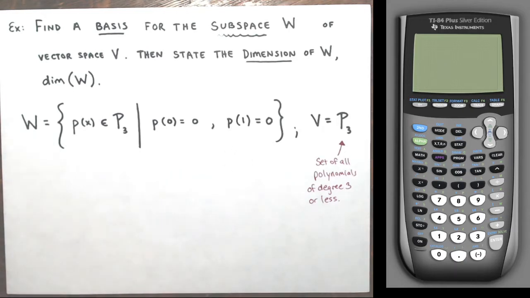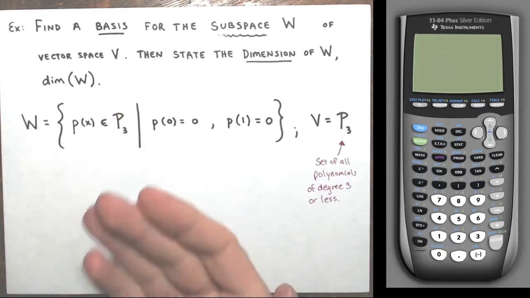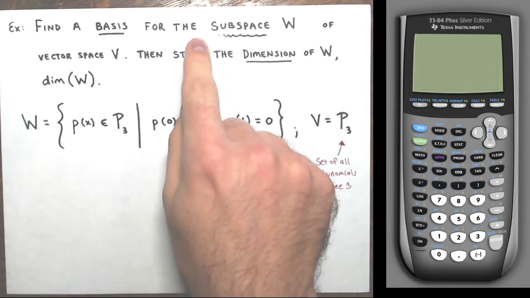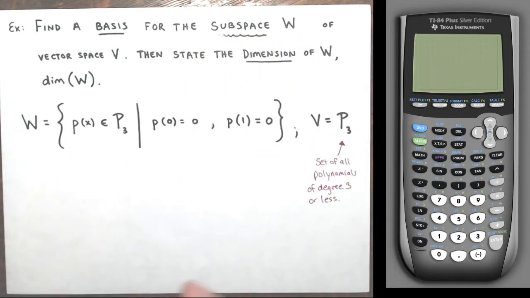So before I even get into finding a basis, I do like to think, can I think of any vectors that would be in W? I know they said it was a subspace, so it's non-empty. So we know there should be some vectors in here.